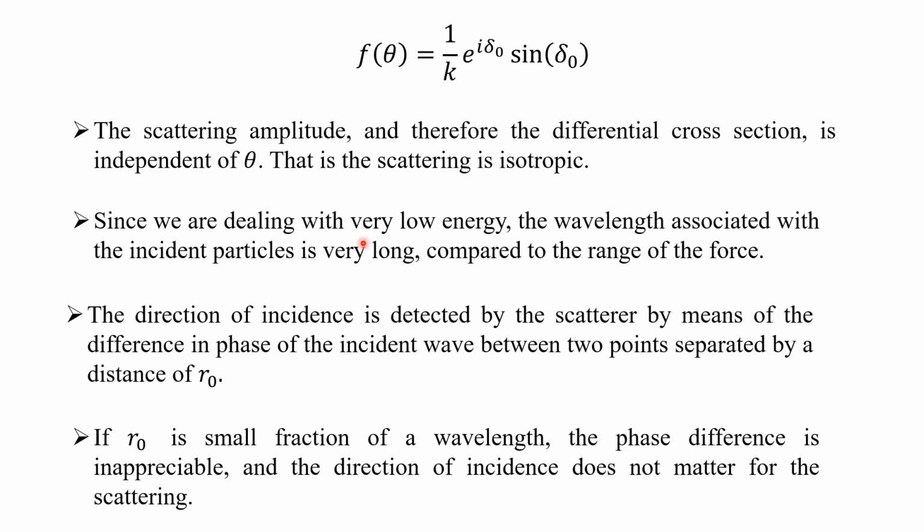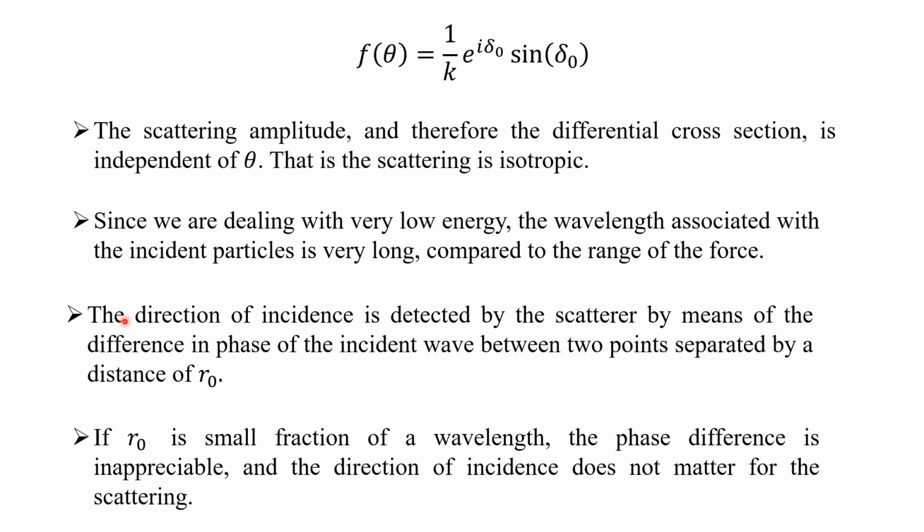Since we are dealing with very low energy, the wavelength associated with the incident particle is very long. Because the energy is low, the wavelength is very high compared to the range of the potential. We assumed that the potential is localized, so the range is very small compared to the wavelength of the particle.